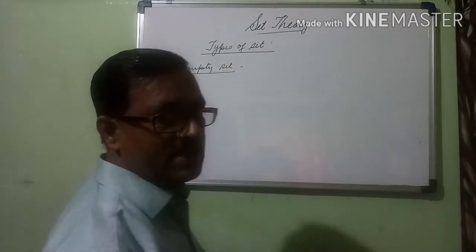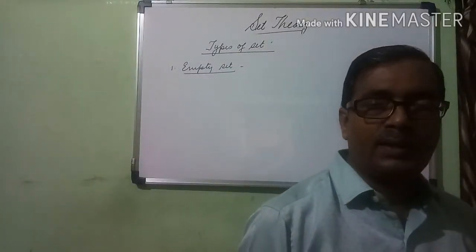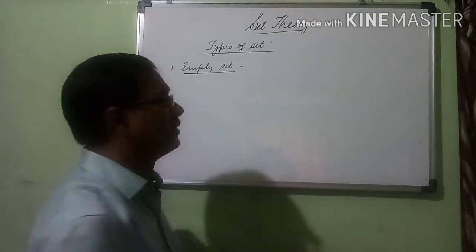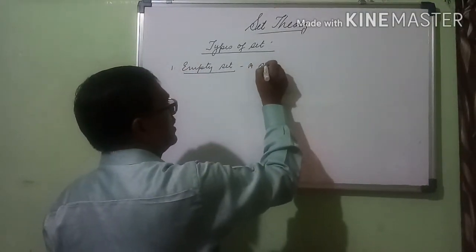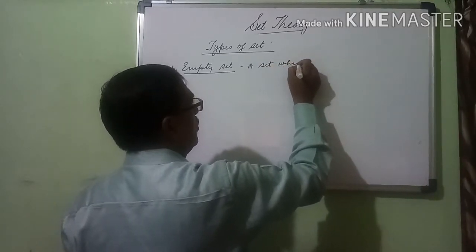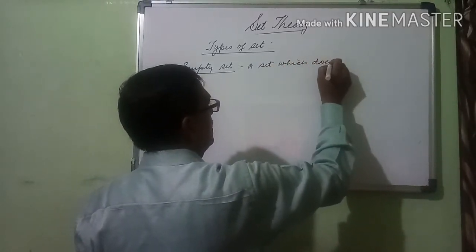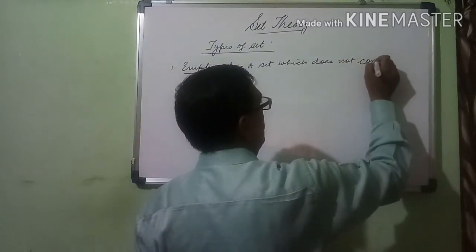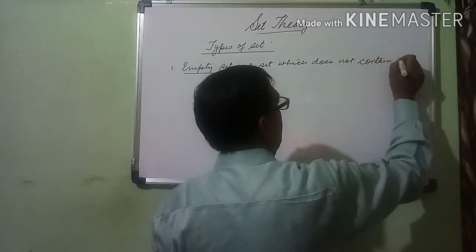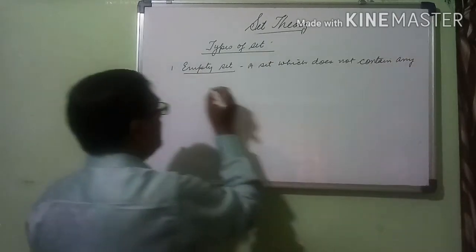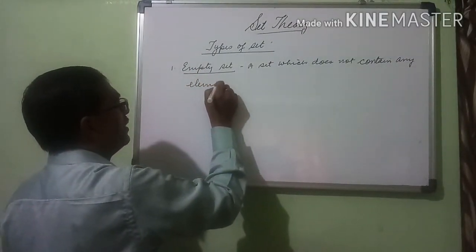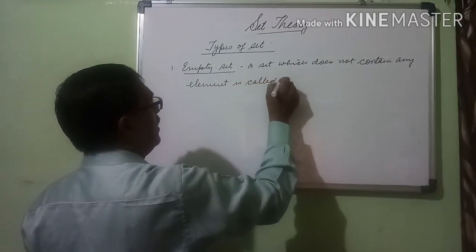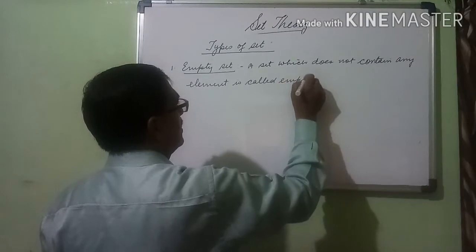What is called an empty set? A set which does not contain any element is called an empty set.